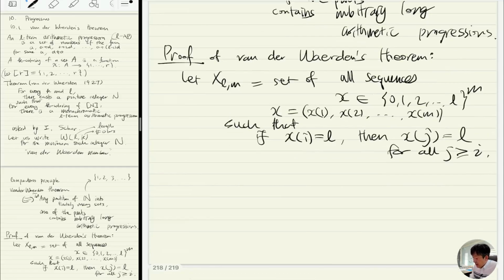So I'm collecting all the sequences of length M, but whenever I have L at some point, then in the remaining everything is L. So I collect all these things, and that's X(L,M).